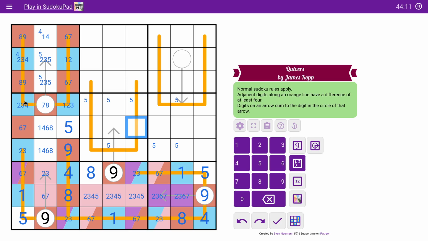Similarly, a 5 here would make a 1, 9 pair. Well, 5 here is impossible, because that'd be a 1, 9 pair. So one of these is a 5. One of these is a 5. We know 9 is here or here.